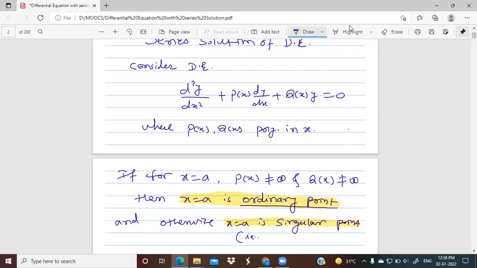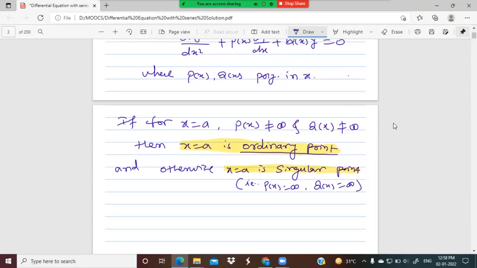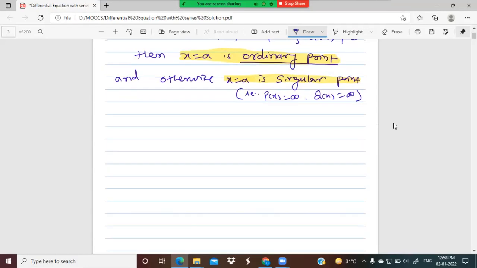In this case, that is p of x equal to infinity and q of x equal to infinity, then we say that this is a singular point. Again, I will go toward particulars.